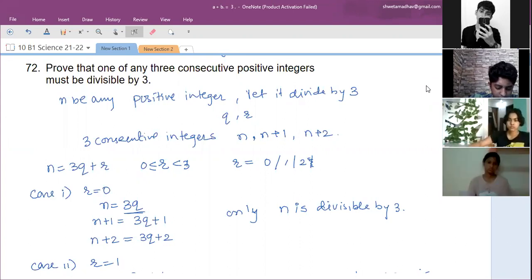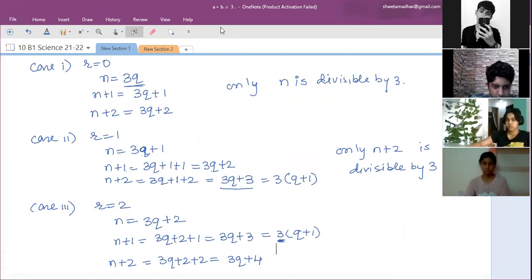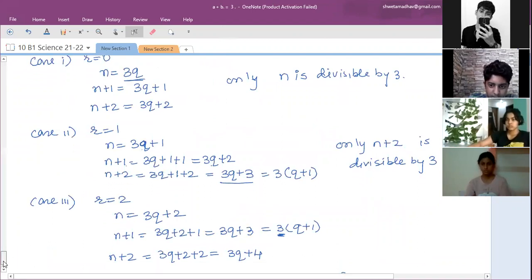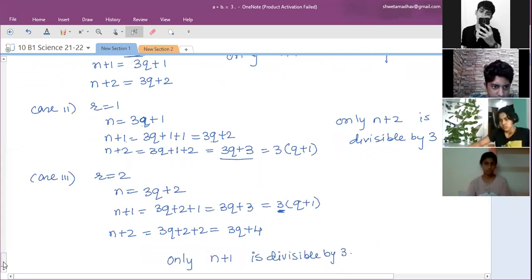Ma'am, are we supposed to buy any books for maths and science? No, nothing. If you solve those questions, that's enough. More than enough because I have collected all those questions from all the books.